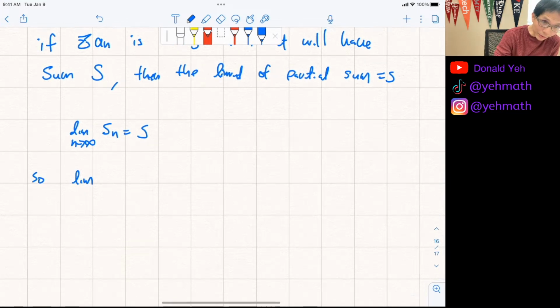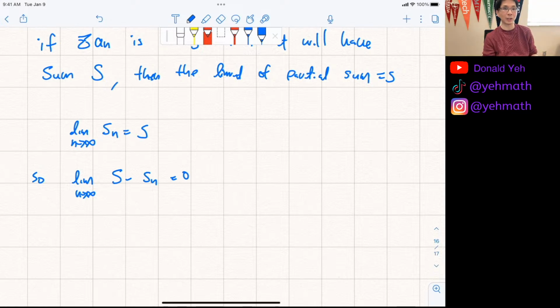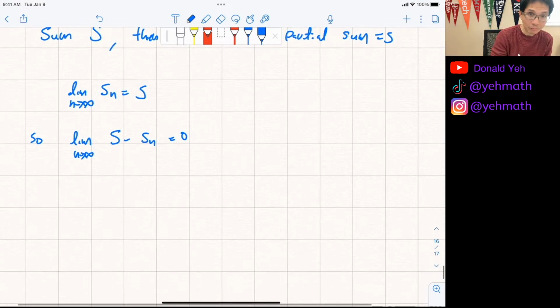So the result is that the limit as n approaches infinity of S minus S_n is equal to 0. Why is it equal to 0? If they reach infinity, the whole sum and the partial sum both go to infinity, they subtract each other and go to 0. They become the same thing if they reach infinity.